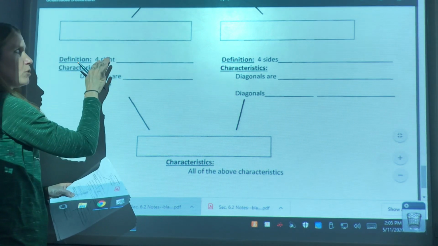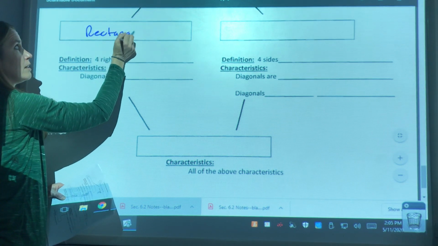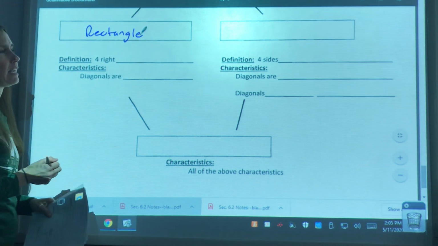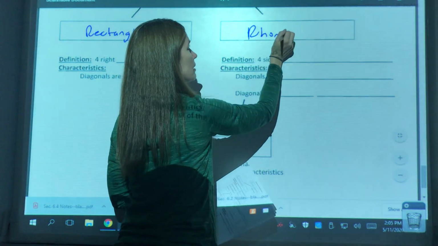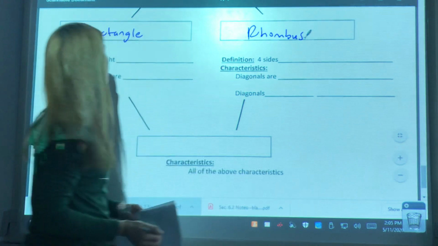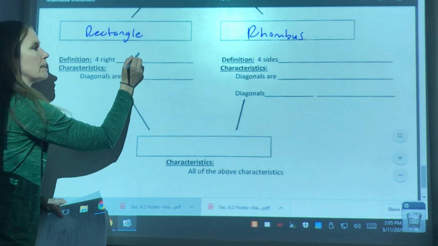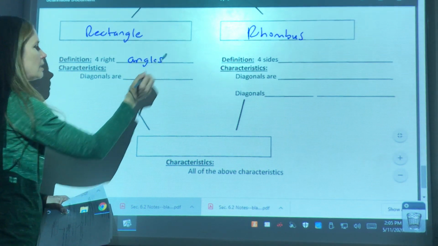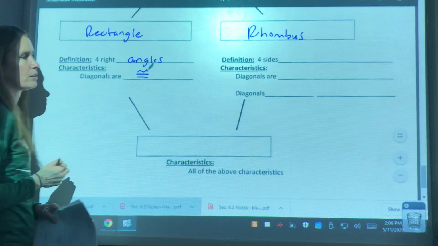But I know if we're talking about 4 right angles, we're going to talk about rectangle here. And if we're talking about sides being congruent, we're going to put a rhombus here. Again, the definition of rectangle we said is 4 right angles, and we said diagonals are congruent. You just use the congruent symbol.